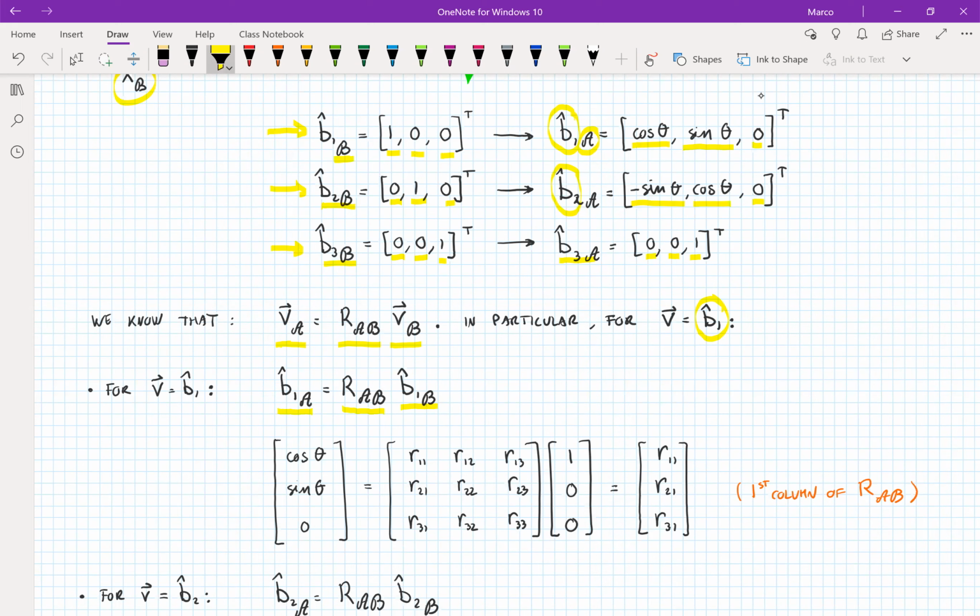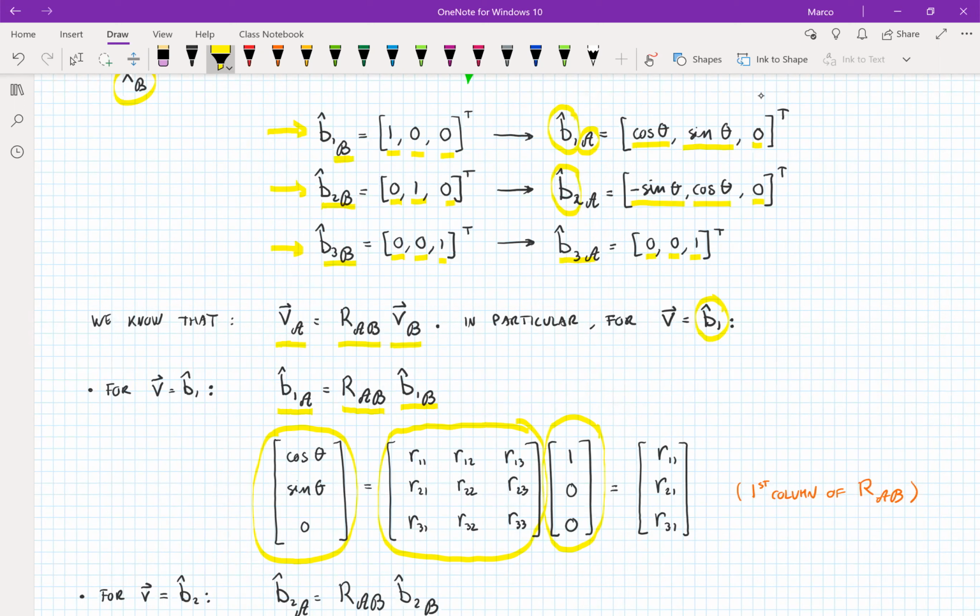So we have B1A, which is cosine of theta, sine of theta, 0. And then we have our rotation matrix whose entries we don't know. I'm just going to call them R11, R12, R13, and so on. And then we have the vector B1 expressed in the B reference frame, which is simply 1, 0, 0.